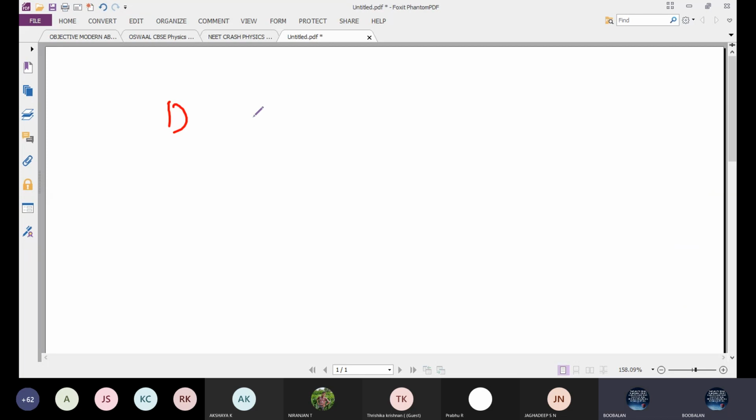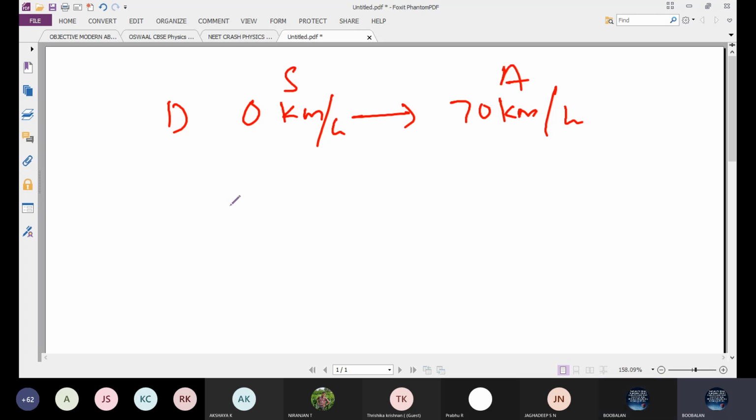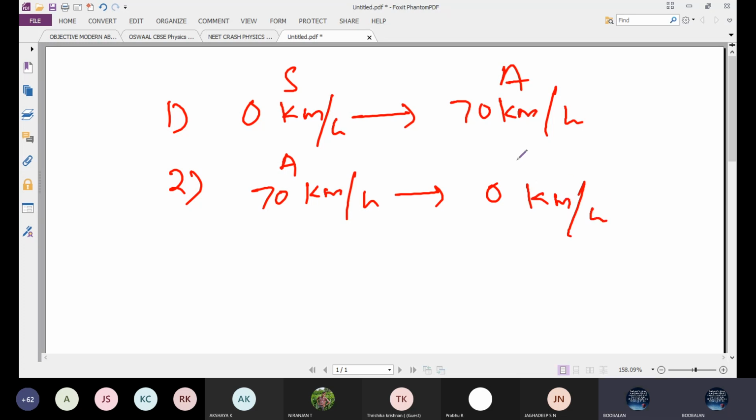First case, 0 kilometer to 70 kilometer per hour, starting at point A. Second case, point A, 70 kilometers to 0 kilometer. This is a stop.